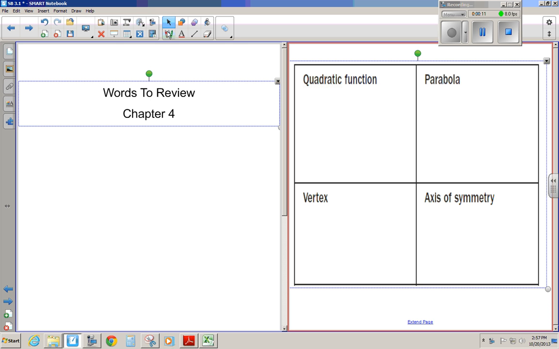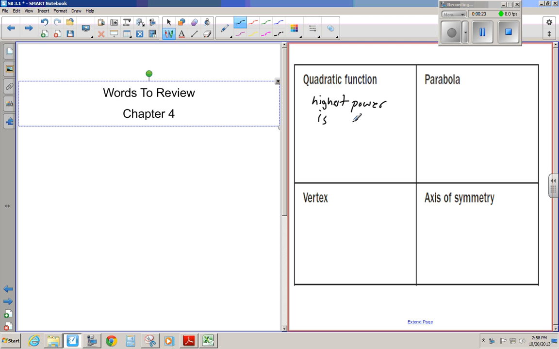Quadratic function: a quadratic function has highest power a squared. Y equals x squared is a quadratic function.